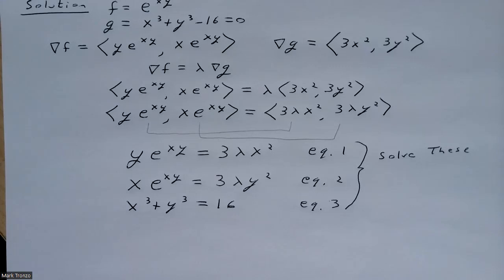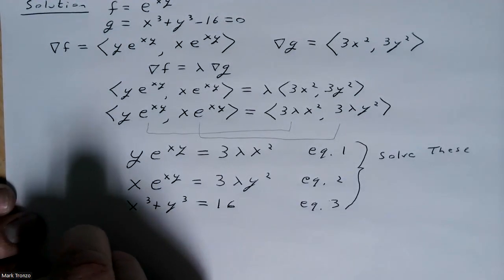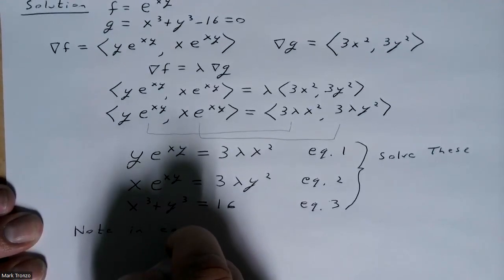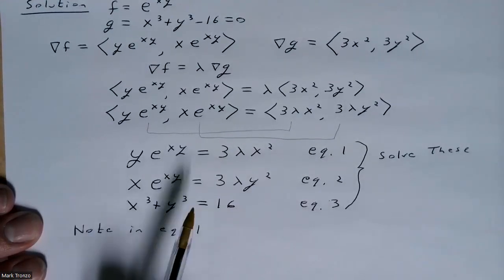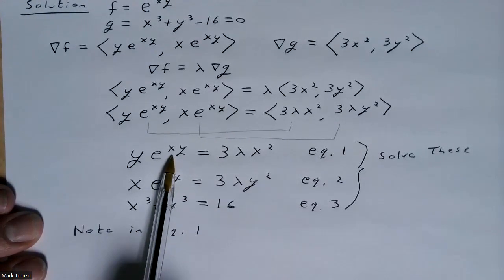And now, again, before we solve, we might end up wanting to divide by x or y. So we need to justify that x and y aren't going to be 0. Now, note in equation 1, if you recall, e to any power is never 0.